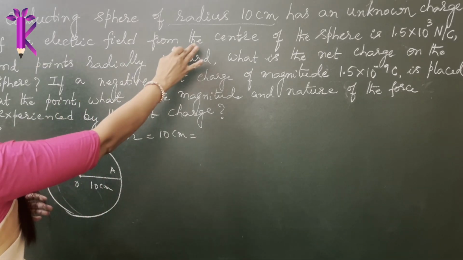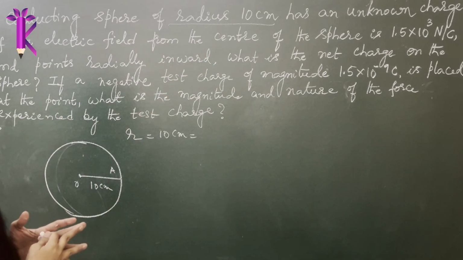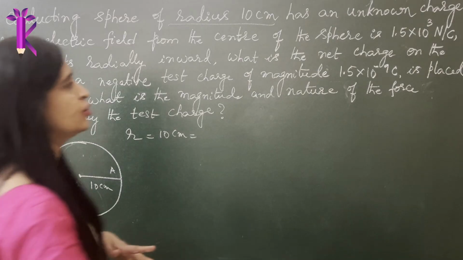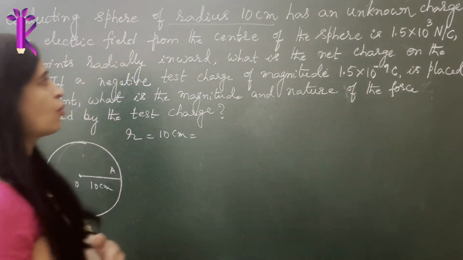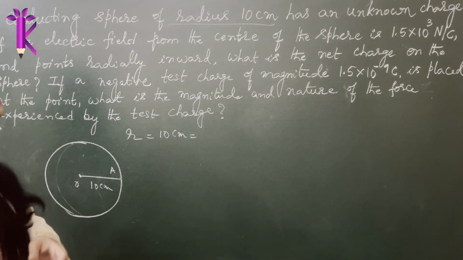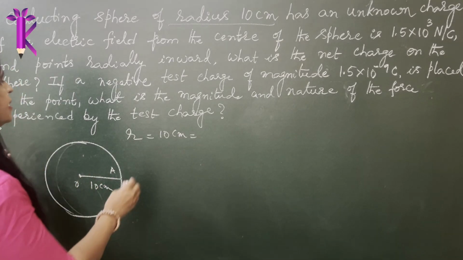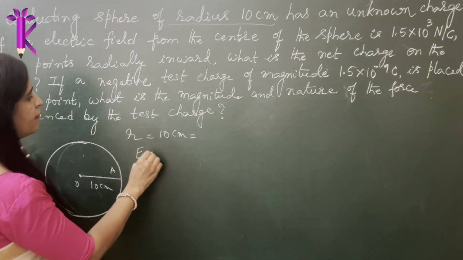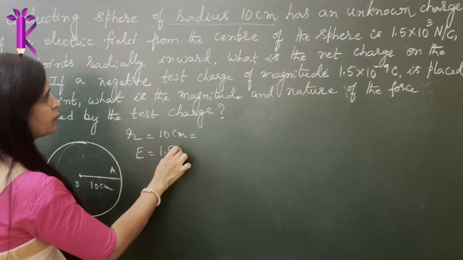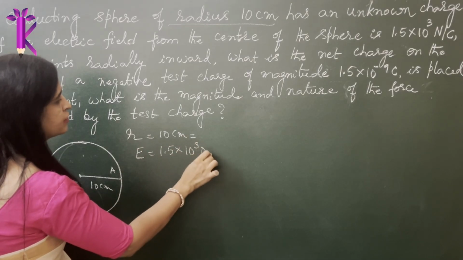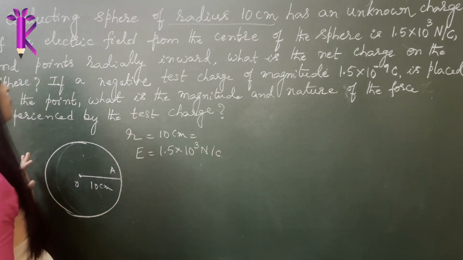If the electric field from the center of the sphere is 1.5 into 10 to the power of 3 Newton per Coulomb. So they are saying the electric field from the center of the sphere. Now this is something really important. Now let's write the electric field value. Electric field value is 1.5 into 10 to the power of 3 Newton per Coulomb.